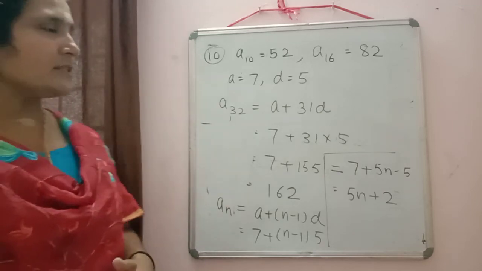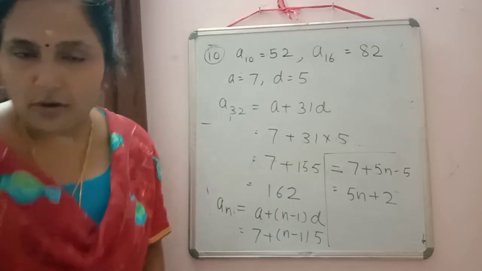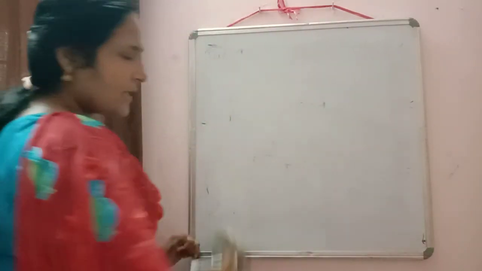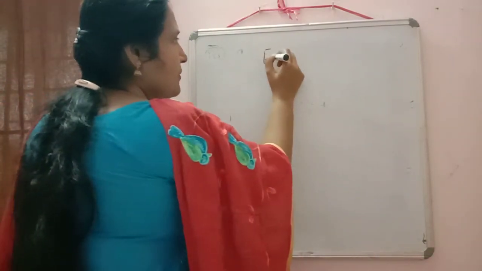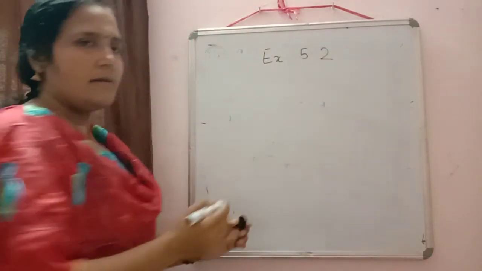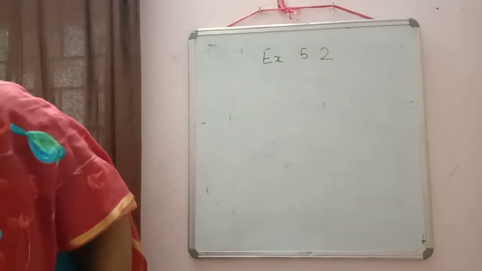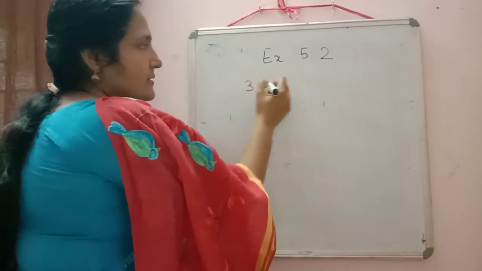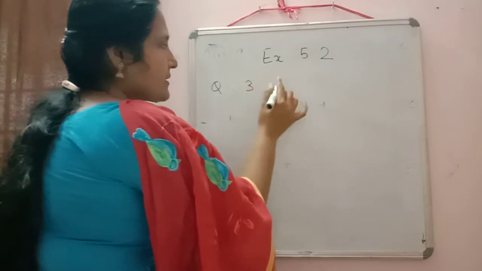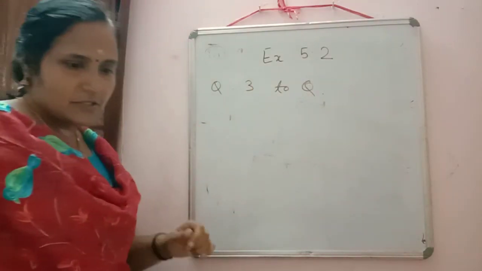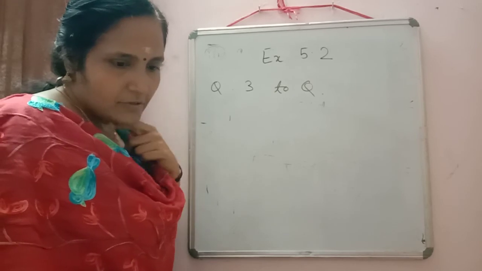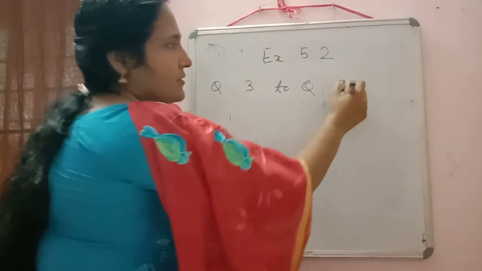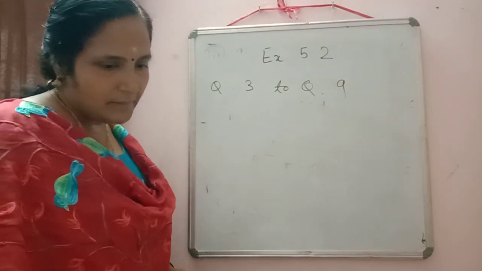So hope these type of questions are clear to you. All of you practice the questions. I am giving you the homework. Write down, your homework will be exercise 5.2, from question number 3 to question number 9.